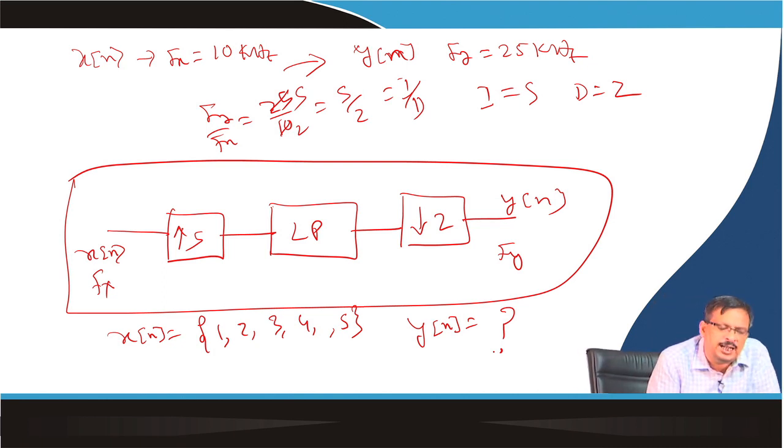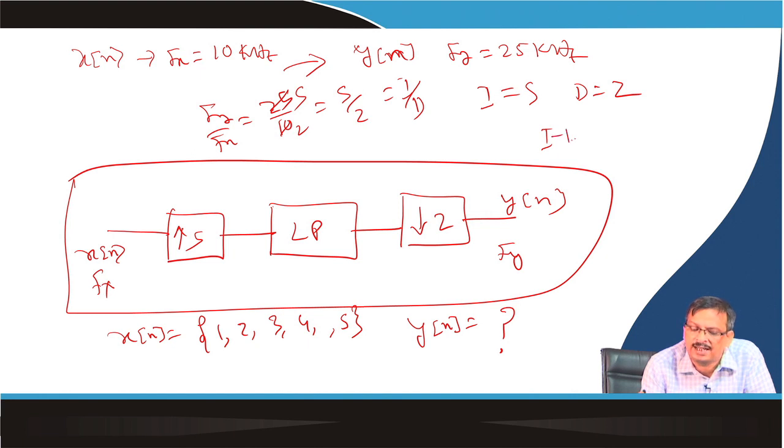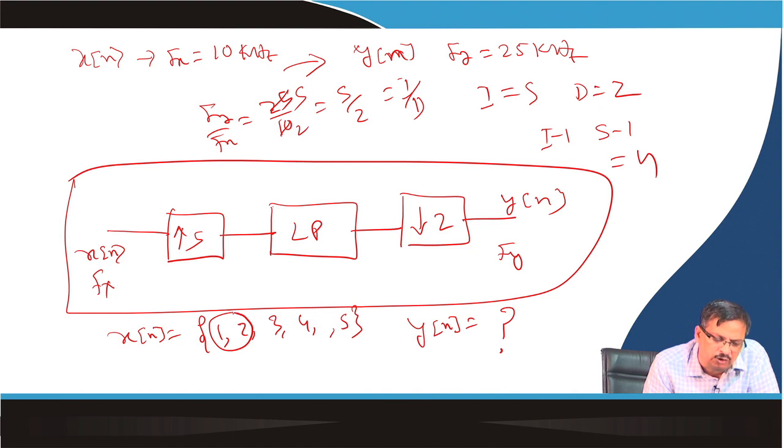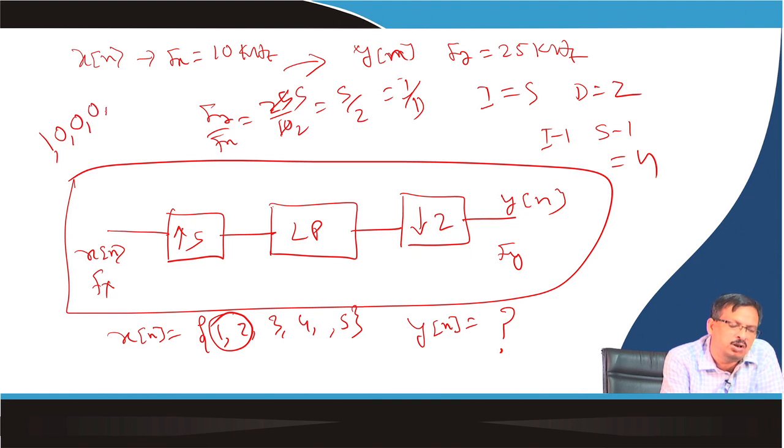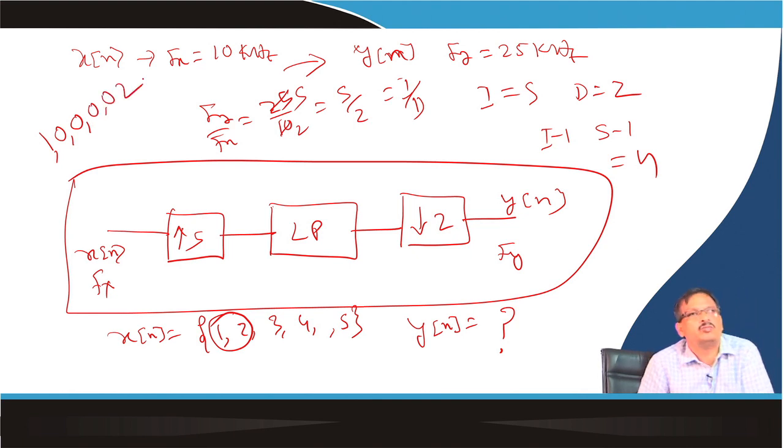So, upsampling by 5 means I is equal to 5. So, I minus 1, 5 minus 1 means 4 zeros in between 2 samples. So, there will be 1 0 0 0 0 2, 4 zeros in between 2 samples.